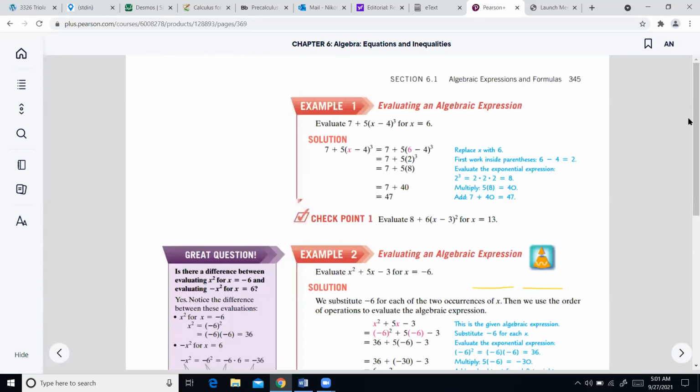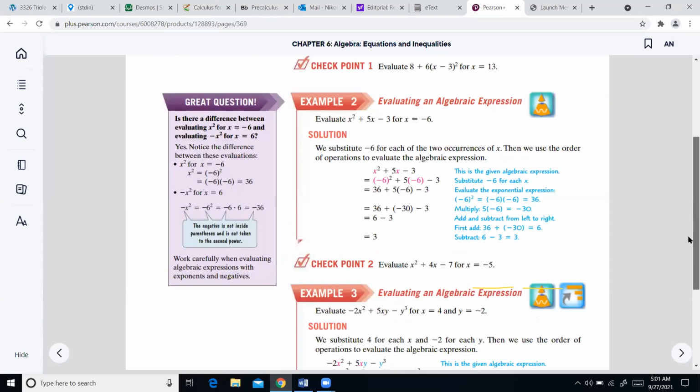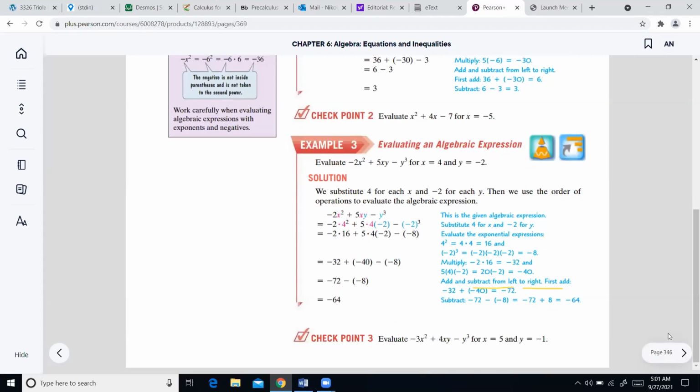And that's what section 6.1 was talking about: utilizing various properties of numbers, or just replacing variables with some numbers. Like, say, in example 3, we plug in 4 instead of x, here and here, and the number -2 instead of y, which appears in 2 places, here and there.